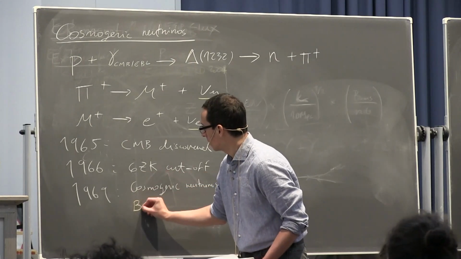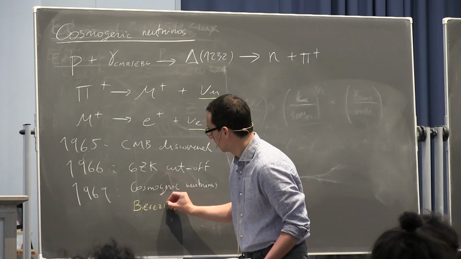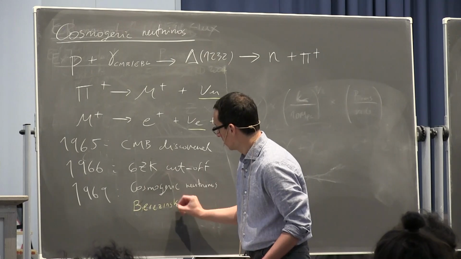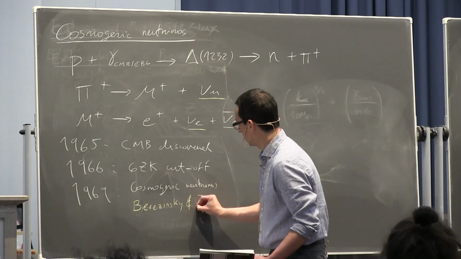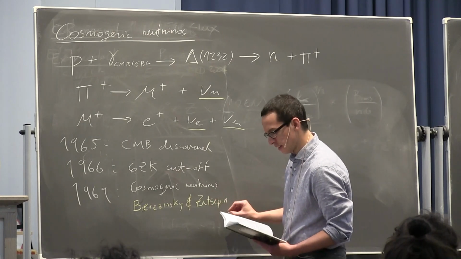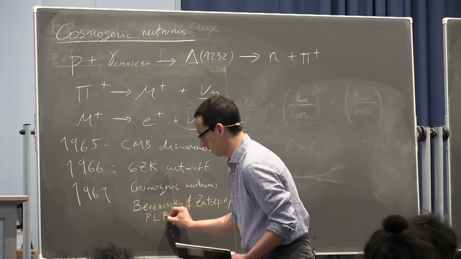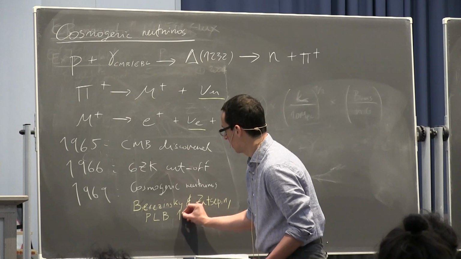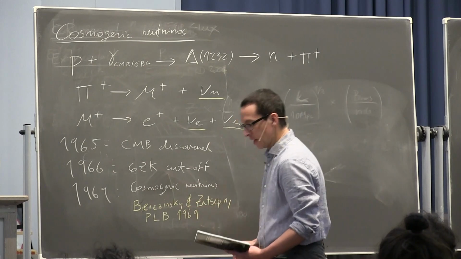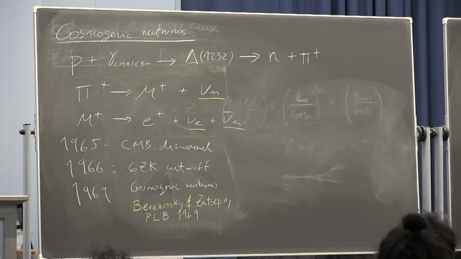In this paper, Berezinsky and Zatsepin, a Physics Letters B in 1969. So, spoiler alert, those neutrinos that were predicted more than 50 years ago have not been seen yet.